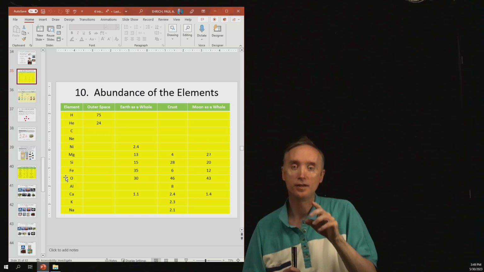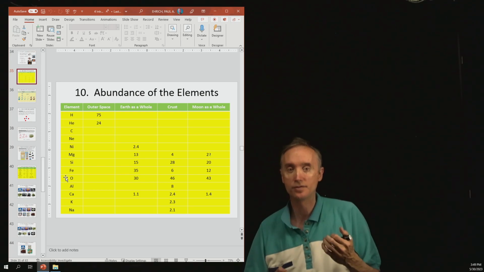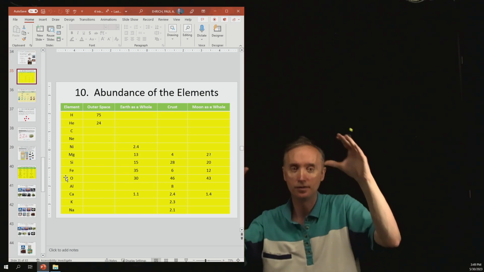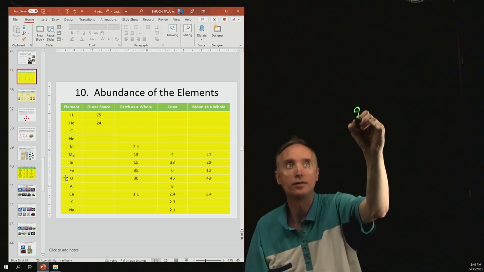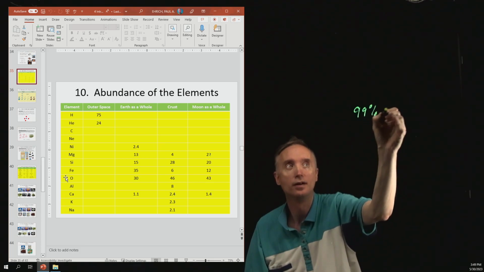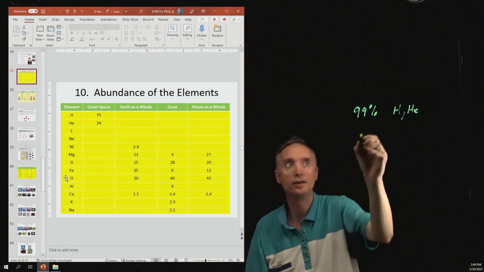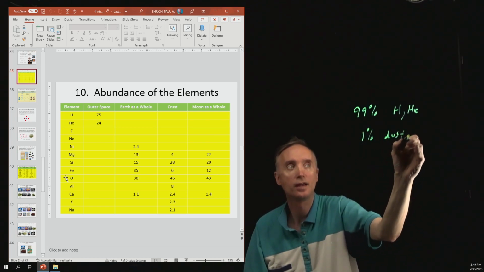And so the first column in this chart shows you that in outer space, the main elements are going to be hydrogen and helium. So the thing that became our solar system consisted of about 99% hydrogen and helium. And then it was about 1% dust and ice.